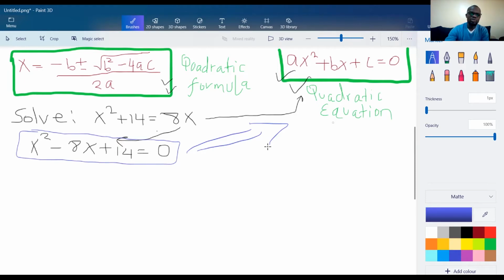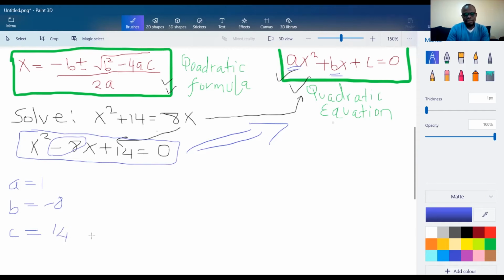We have to know which one is a in my equation. a is going to be the number which is attached to x squared, in this case a 1. b is the number which is attached to an x. In this case, mine is a negative 8. And c is the lone number, in this case positive 14. So 14 is my c.